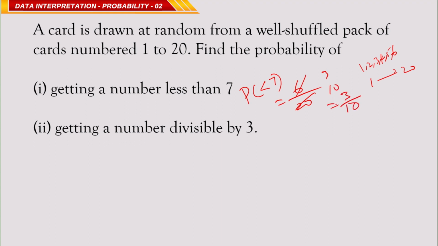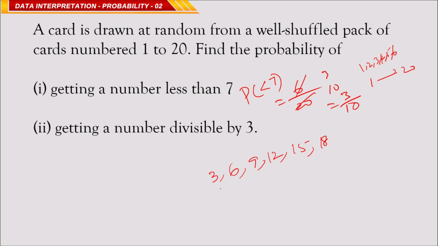Okay. Getting a number divisible by 3. How are you going to get a number divisible by 3? From 1 to 20, what are the numbers? The numbers are 3, 6, 9, 12, 15, 18, less than 20 is given.